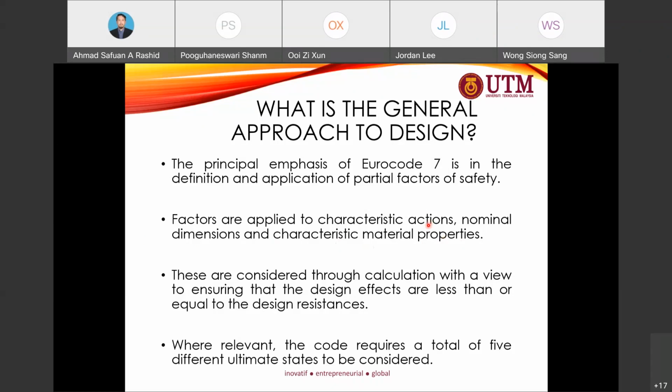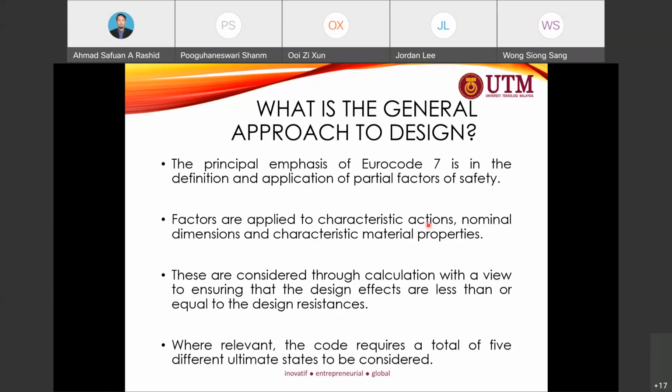They are considered through calculation with a view to ensuring that the design effects are less than or equal to the design resistance. Where relevant, the code requires a total of 5 different ultimate states to be considered. However, in geotechnical design we may not use all these 5.